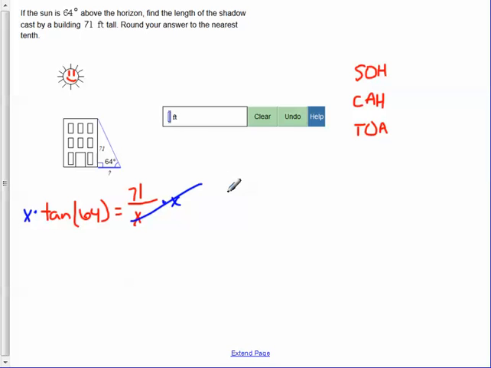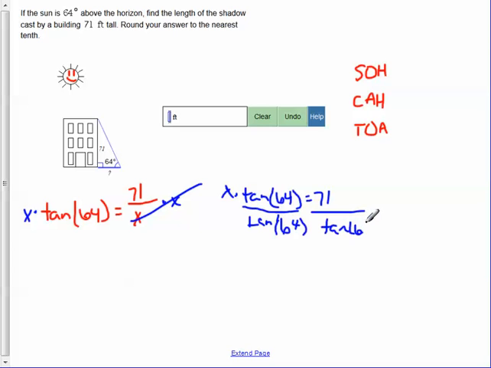So then x times tangent of 64 equals 71. To get x by itself, divide by tangent of 64. Those cancel.